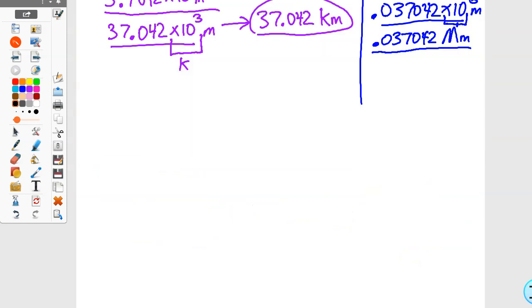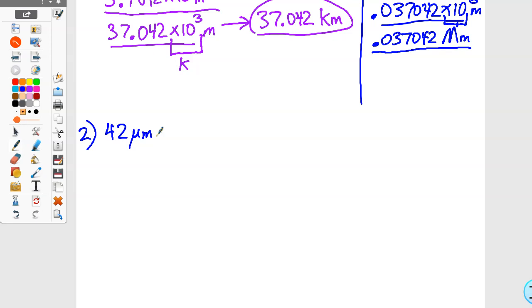All right, let's see another example. So that was going from a measurement that's not currently in a prefix and writing it with a prefix. So what if you do have it written already in a prefix, like 42 micrometers, and you want to write that without a prefix at all?